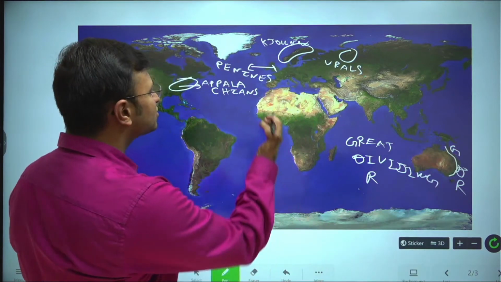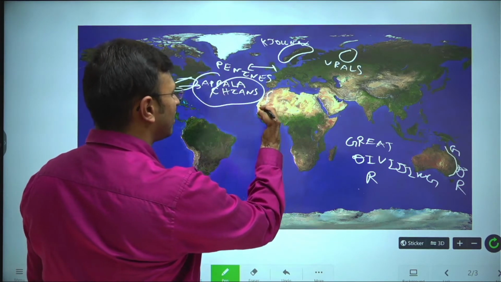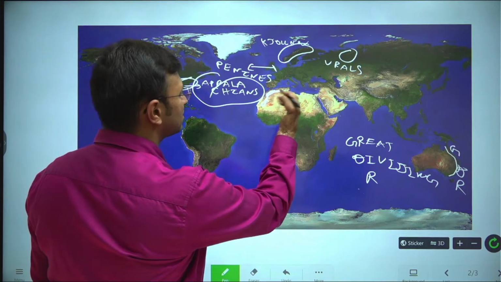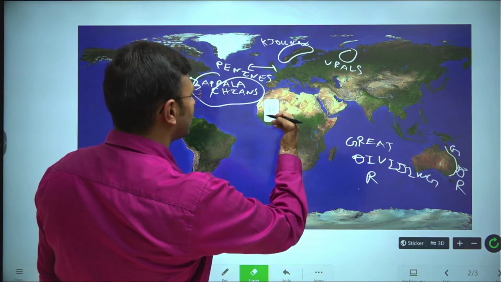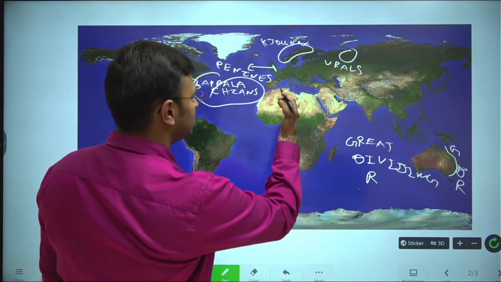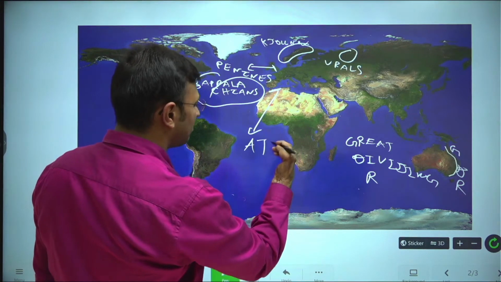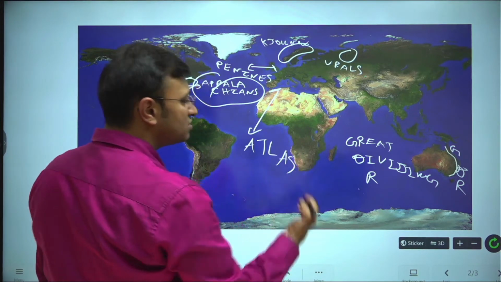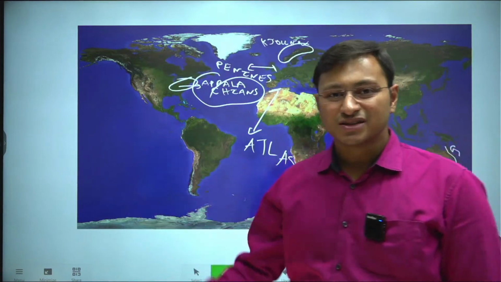And in consonance with the Appalachians, when the Appalachians uplifted, you also have upliftment of Atlas Mountains of Africa. So this is the location of the Atlas Mountains of Africa. Okay. So these are some of the Hercynian mountains which we discussed in the previous classes.